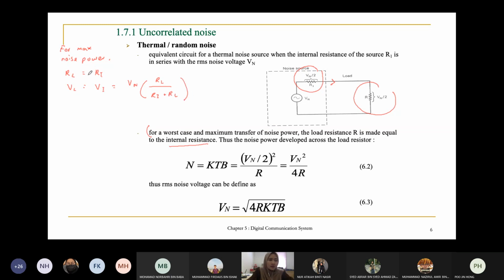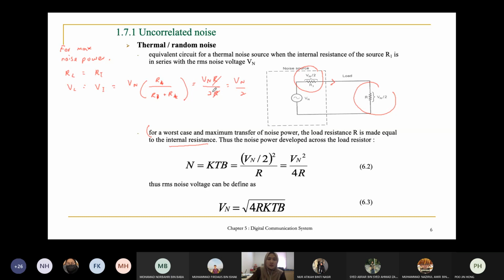But since RL is equal to Rn, I name this as R because it's the same value. So you will get Vn R over 2R, and you can cancel this R, you will get Vn over 2. So VL is equal to Vn over 2, same as Vi.